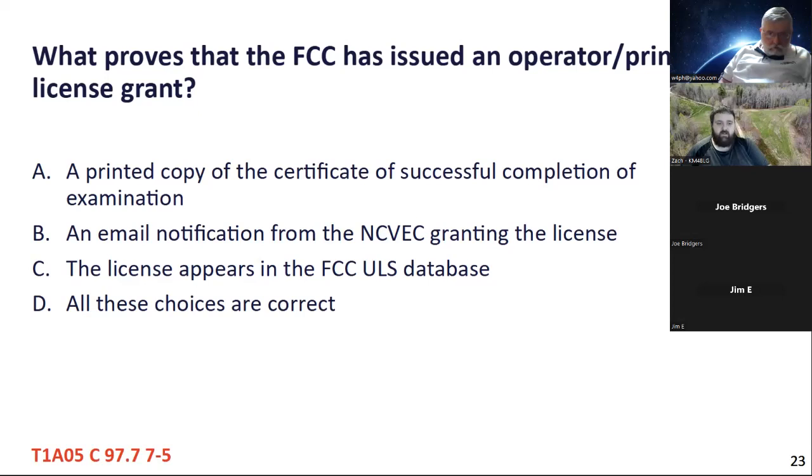All that other stuff is good documentation to have, but the only way you're going to be legal to operate is if they have a record of it. Just like with your driver's license, the DMV has to have a record of it for it to be valid. Just because you have the card doesn't mean that you're able to drive.